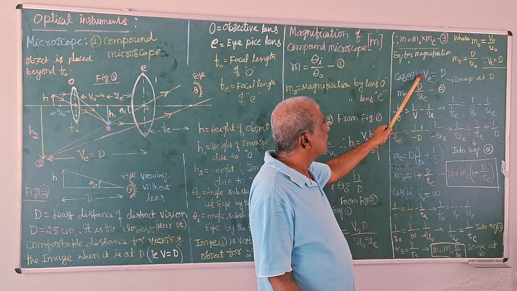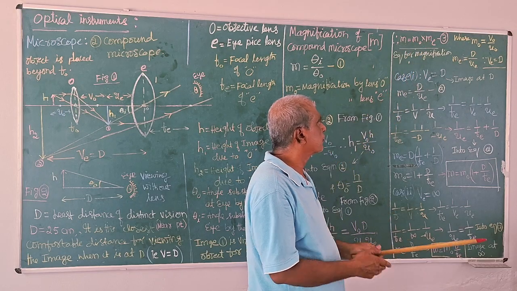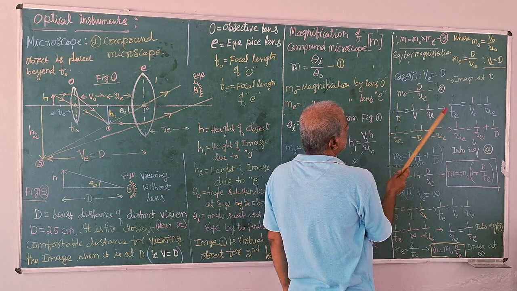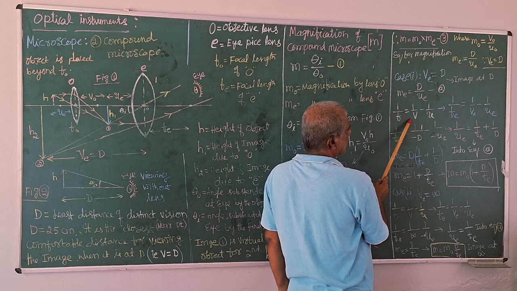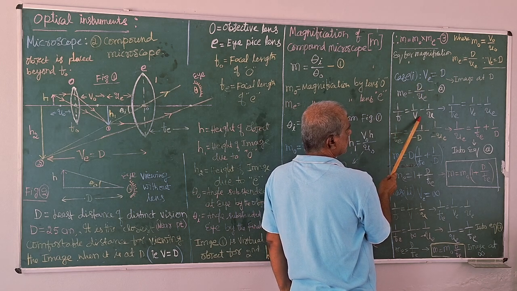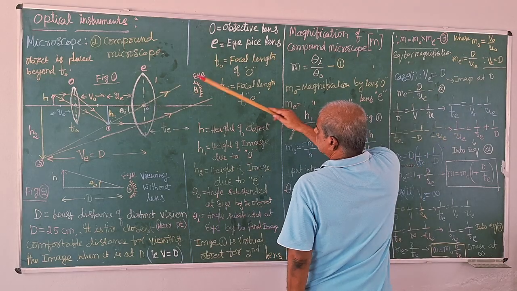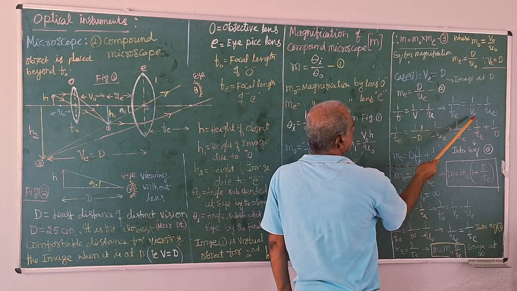Apply the same thing, but this will remain the same, only this will undergo alteration. So taking d by u as me, let us apply this using the equation for the lens. This is well known. You write this equation for the eyepiece lens only. That is always positive, and v equals d.